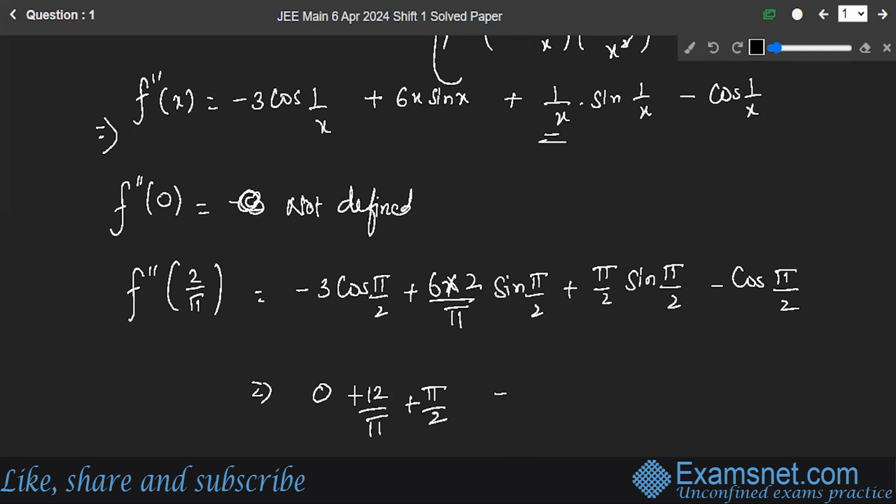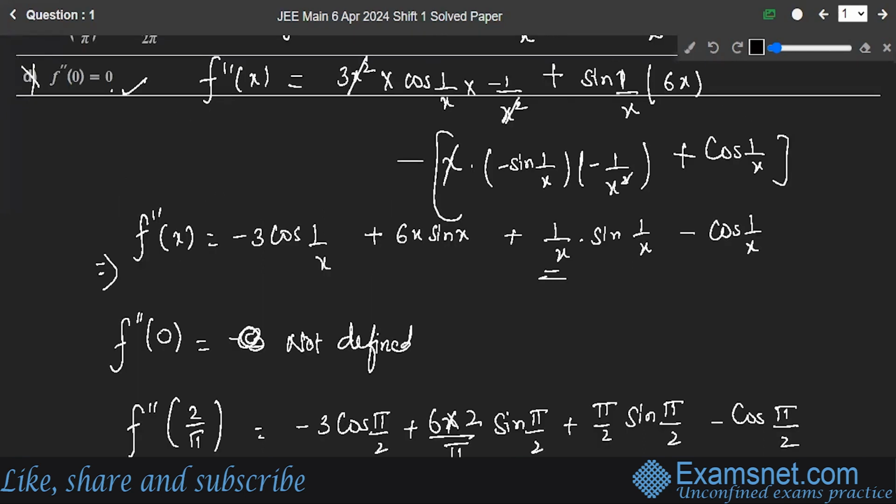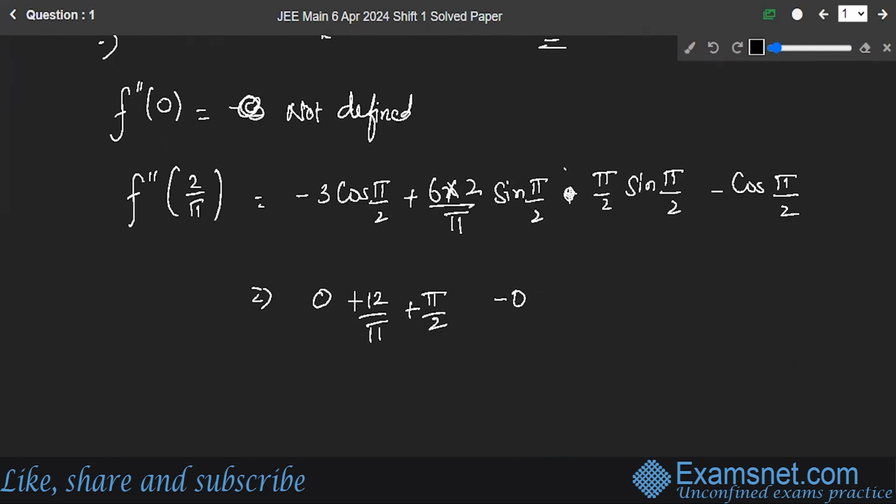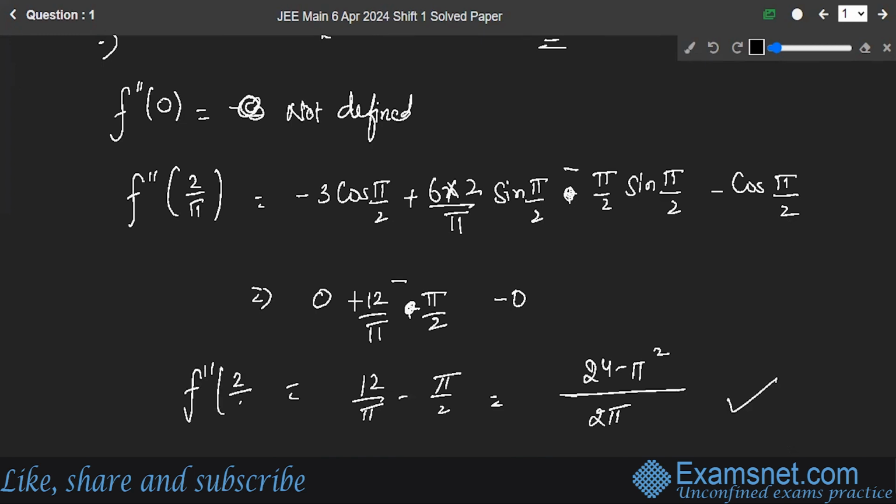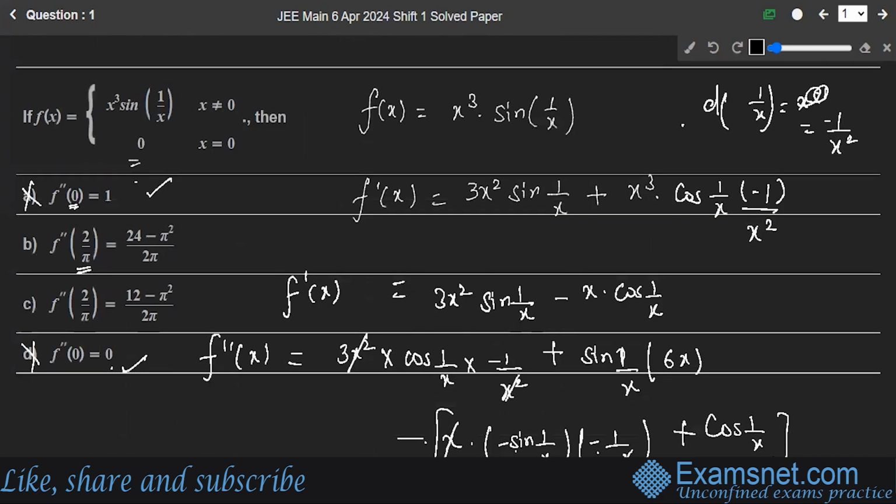Here is a mistake: there was a minus, because this is minus into minus into minus. So you will have a minus over here and a minus over here also. So this becomes 12 upon pi minus pi upon 2, or the LCM will be 2 pi, which gives me 24 minus pi square upon 2 pi. So this is the value of the second derivative of the function at 2 upon pi.